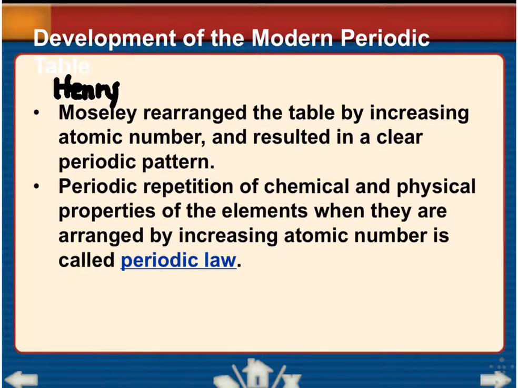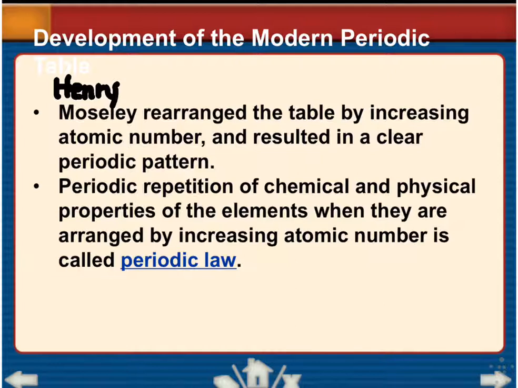And so that periodic repetition of properties of the elements when they are arranged like this, how Moseley arranged it, is called the periodic law. So Henry Moseley is responsible for the chart that we know today. And he has kind of an amazing and sad story.